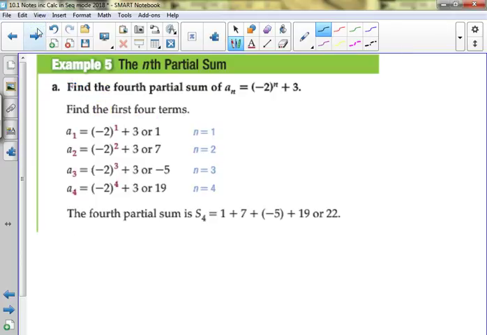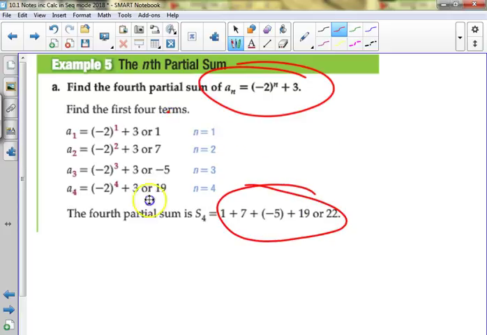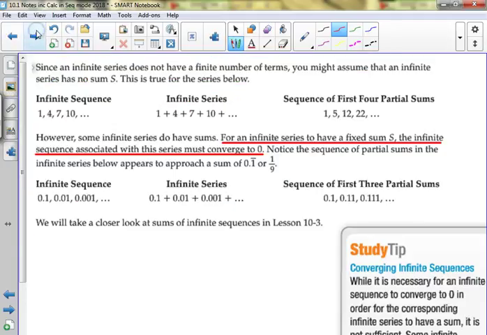To find a 4th partial sum of something like this, you could generate it in your calculator and then just add up the first 4 terms. This slide talks about finding the sum of an infinite series.